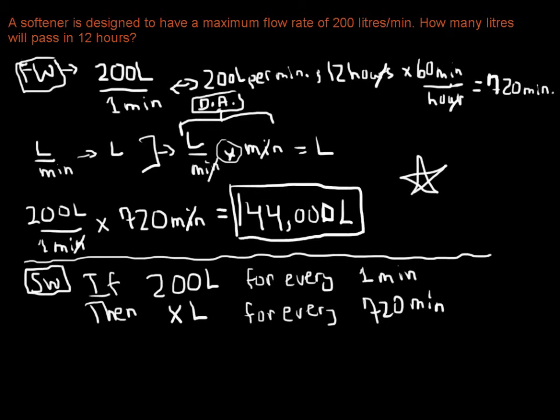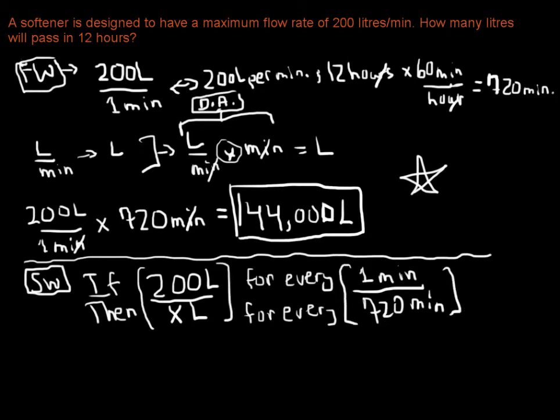If 200 liters pass through for every 1 minute, then how many liters have passed in those 720 minutes? And these are our fractions set up already. If it's easier for you to write it as a logical statement, then by all means, and then you have your fractions ready.